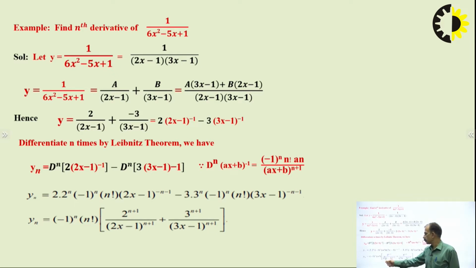And after simplifying, the value of the nth derivative of y, that is y_n, is minus 1 raised to the power n factorial into 2 raised to the power n plus 1 divided by 2x minus 1 whole power n plus 1, plus 3 raised to the power n plus 1 divided by 3x minus 1 whole raised to the power n plus 1. So, this will be the required value of the nth derivative of the given function, that is the nth derivative of 1 upon 6x square minus 5x plus 1.